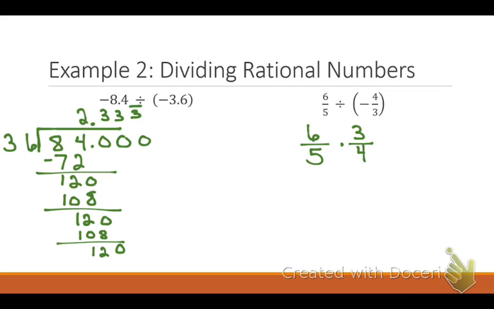All right, so that's why cross-reducing really helps you, because it keeps your numbers small. If you cross-reduce everything, odds are when you get to your answer, it's already completely reduced, 3 and 2. So now you just have 9/10. 9/10, and that's it. Okay?